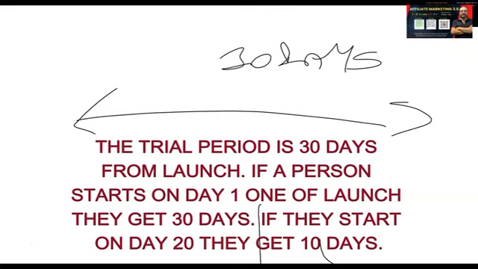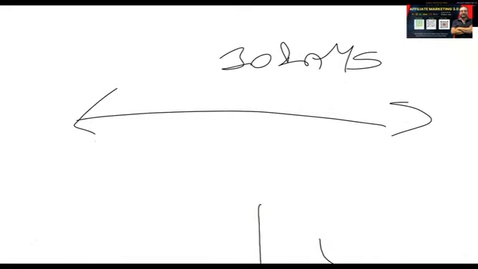Because otherwise, they could just leave their $100 in there, allow it to compound for 6 months, withdraw some of it, say 80% of it, then redeposit and take advantage of that free trading period. So at the end of the 30-day period, trading will stop for them and they will then be able to withdraw all of their funds plus their profits.